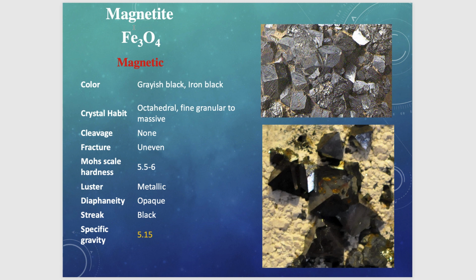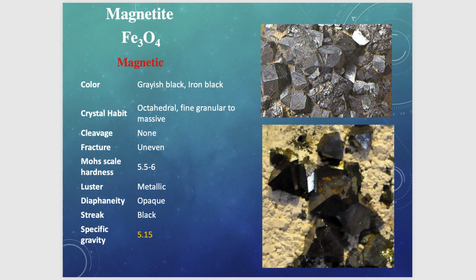Other aspects, I think, magnetite is part of a series, and it will easily form solid solutions, for example, as I said, with titanium and also with chromium. So it's important to keep this in mind, and also to keep in mind that it can form interlocked crystals, and it's quite massive as well, so it doesn't always have these octahedral crystals.